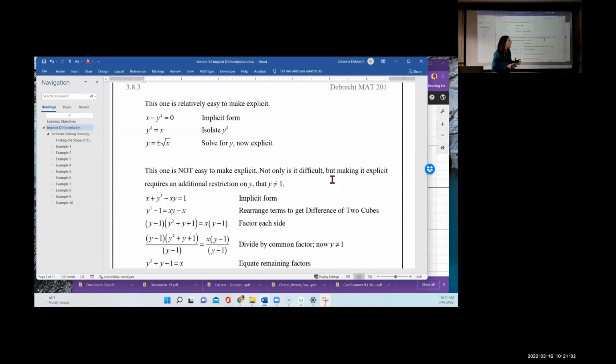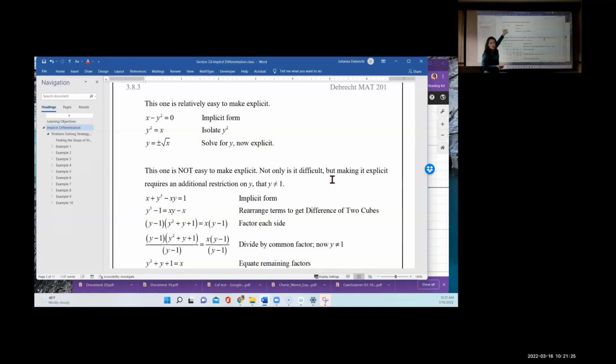So it is an implied form, x minus y squared equals 0. But it's pretty easy to isolate the y squared and get y squared equal x, and then solve for y by taking plus or minus the square root of x. Now it's solved for y, so this is an explicit form, whereas the original form was implicit.